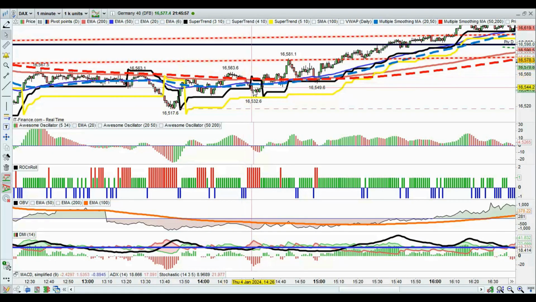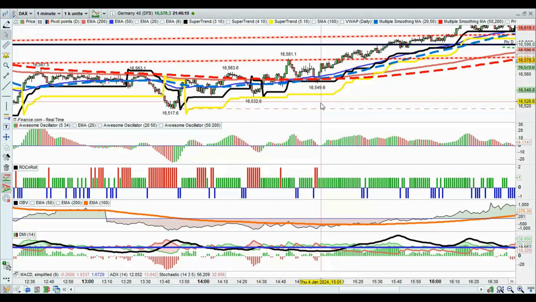Comes back again, but had that crossed through here, we would have closed the trade. So you could have taken a trade there at 16,555, and it would have cost you 12 pips if you closed at that point. Again, better to err on the side of caution in case it kept dropping further, so we would have closed the trade there at a loss of about 12 pips.